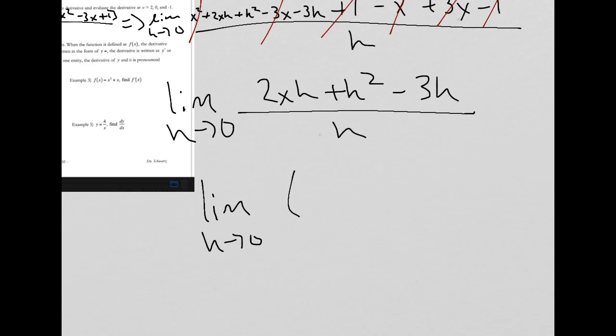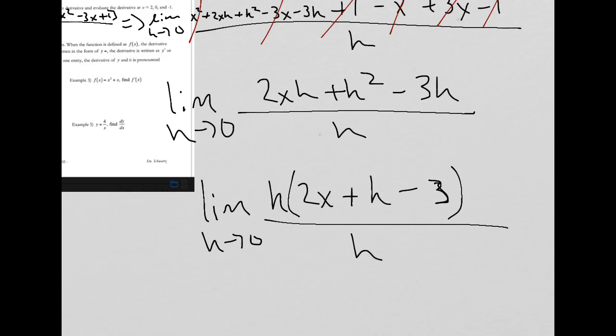That would give me h times 2x plus h minus 3, all over h.